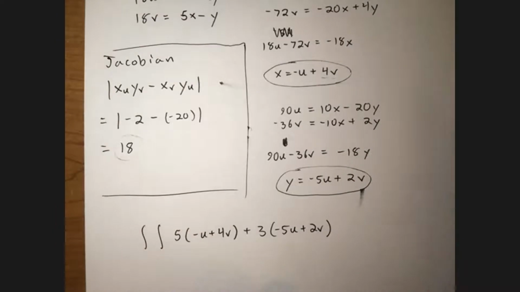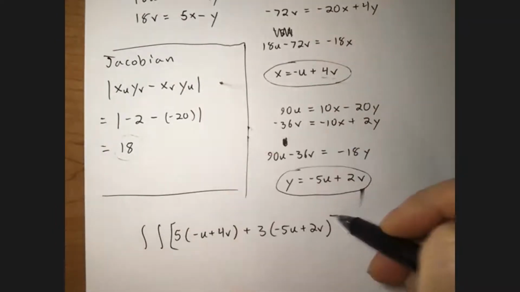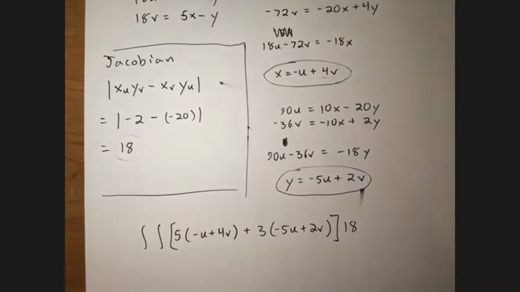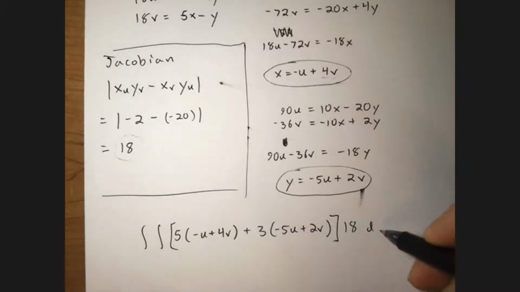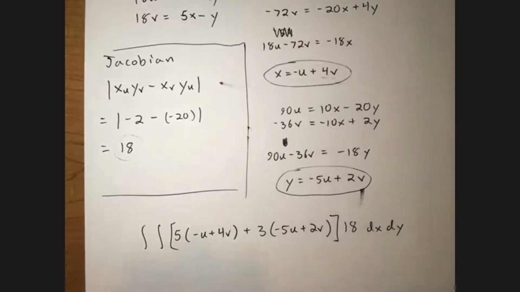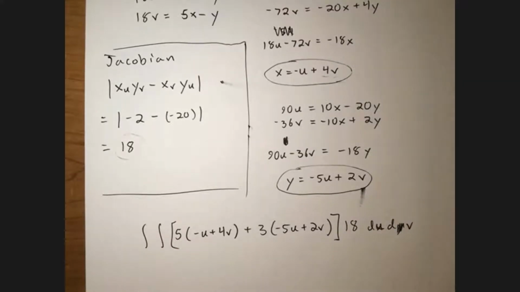And we have to multiply by the Jacobian, right? And then we are going to do either dx dy or dy dx. In this case, the parallelogram is turning into a rectangle, so it's not going to matter. Oh, sorry, it's du dv. We've just changed from dx dy to du dv.